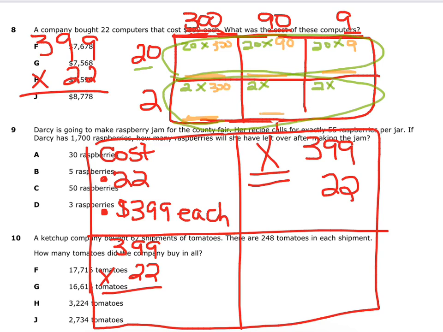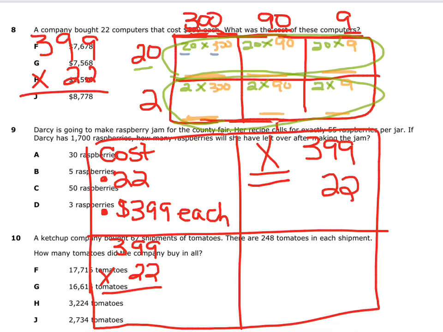This middle bottom box is 2 times 90. And the box at the far right at the bottom is 2 times 9. So when I'm doing it like this, I am basically multiplying by single digit numbers each time and adding zeros because we're multiplying base 10.